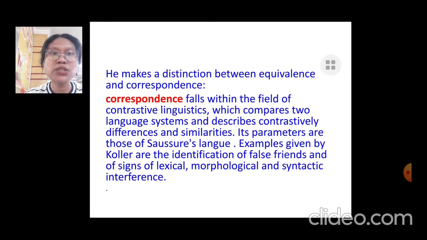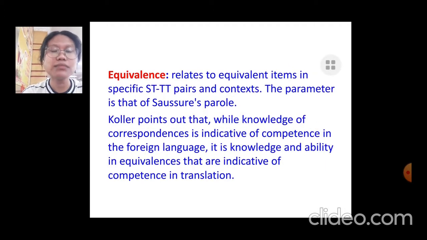Correspondence falls within the field of contrastive linguistics, which compares two language systems and describes contrastively their differences and similarities. Its parameters are those of the source language. Examples given by Koller are the identification of false friends and of sites of lexical, morphological, and syntactic interference.